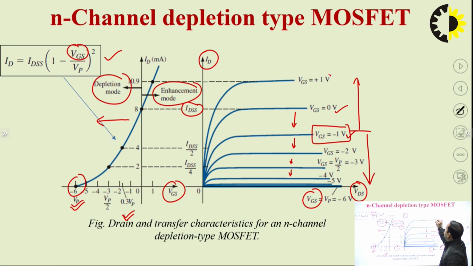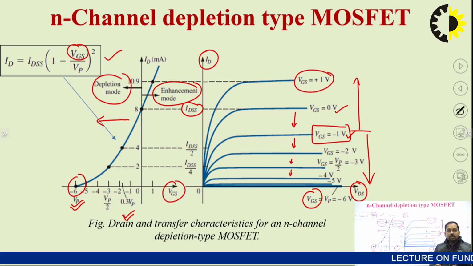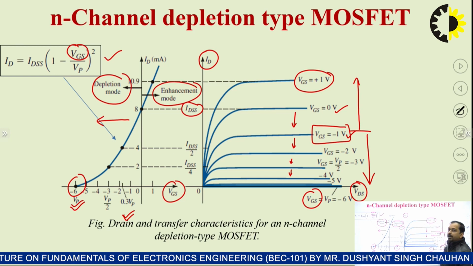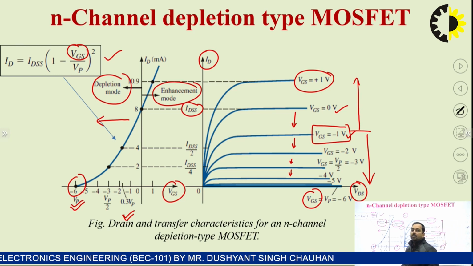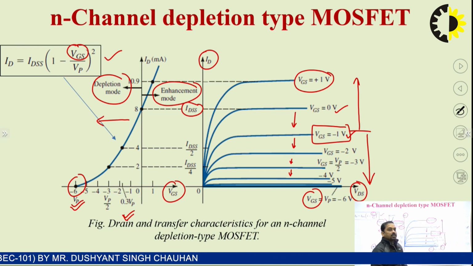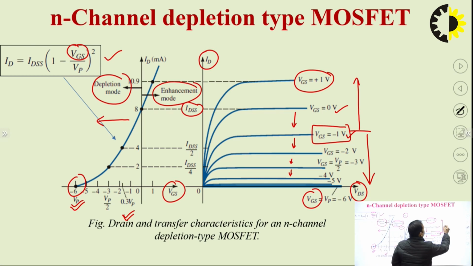Whereas if we apply VGS positive, we are strengthening the channel, due to which the current ID increases, so the curve will shift in the upward direction. So in this particular drain characteristic, we can mark both modes. This is called the enhancement mode of operation and this is known as the depletion mode of operation.